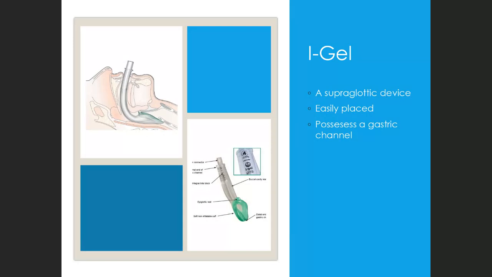All right. There has been a new generation of supraglottic airways or supraglottic devices, and the i-gel is one such. These are anatomically shaped.